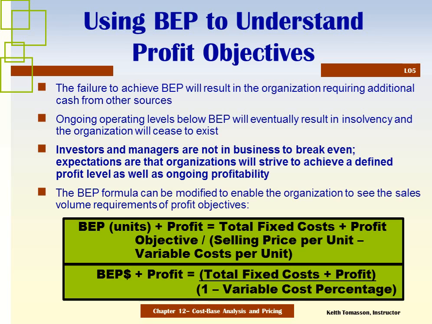So we can take a look at enhancing our break-even formula that we've learned so far to enable the organization to see the sales volume requirements of a certain profit objective.